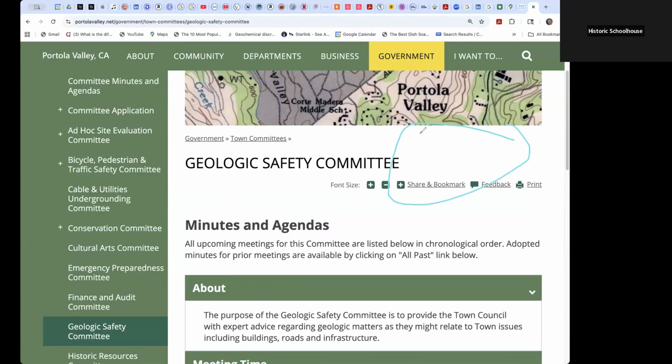It could be home preparedness, right? It could be evacuation routes. It could be alarmist information about earthquakes. And to me, I probably would not have thought about going to government, town committees, Geologic Safety for information. Nonetheless, that's the route we're in. Certainly, there would be a link to the town geology map, right?